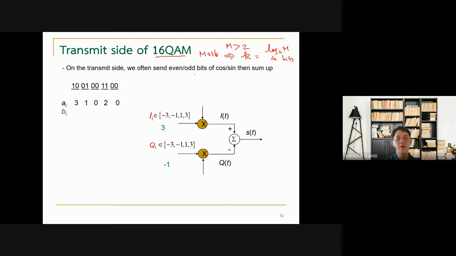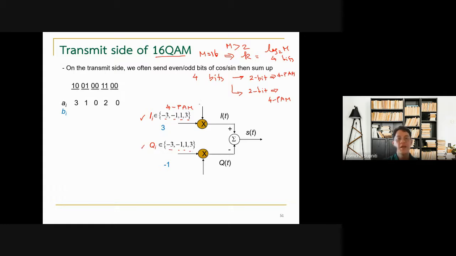Out of these 4 bits, we send two sets of 2 bits at a time. One comes from 4 PAM, the other one is also 4 PAM. So that's how we implement it. For the I symbol, we transmit 4 PAM, and you remember in the past that 4 PAM has 4 levels. For Q symbols, it also has 4 levels.